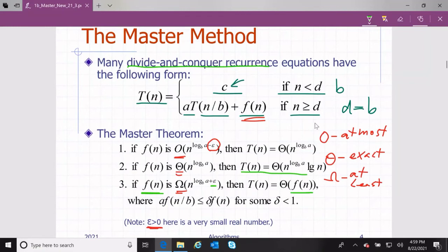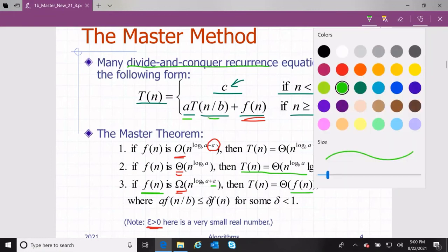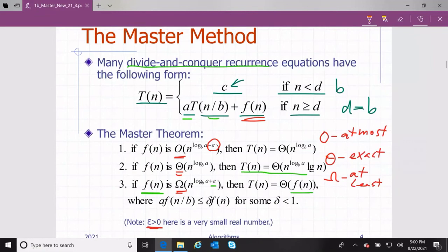Now, I would like to explain to you a little bit about b and a. If a and b are equal, then log base b of a will be just 1.